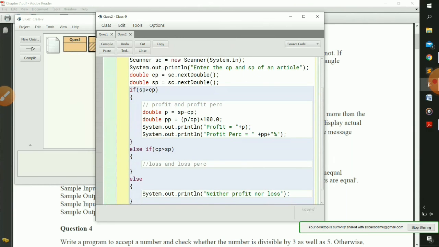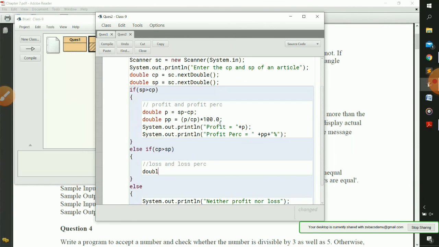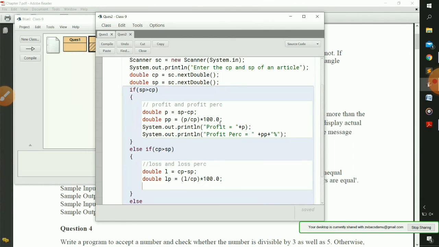Now let us find out the loss and loss percentage. The same way we are going to go for double L equal to, the formula is CP minus SP. Now loss percentage we are going to find out, double LP. Now loss divided by CP multiplied by our 100.0. Again we need to print both of these things on the computer screen.